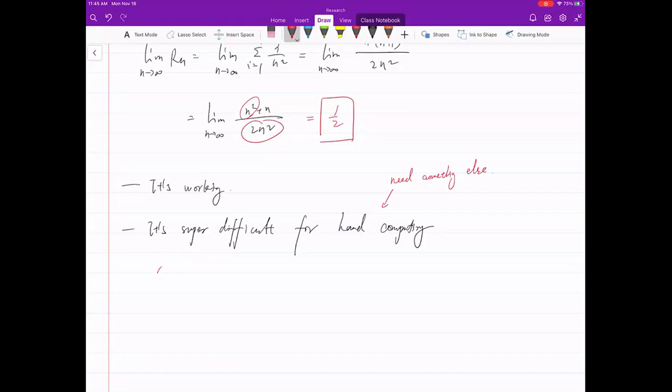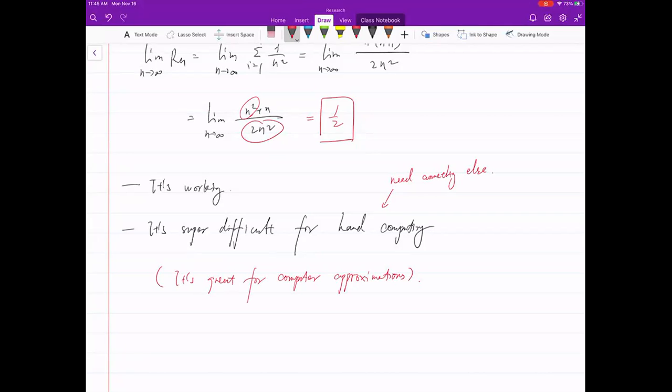Second, however, it's great for computers. Why? Because computers don't care about the limit. They just say, well, please do it for 1,000 rectangles. Okay, I'm going to do it for 1,000 rectangles. Sounds good? And from an application point of view, 1,000 rectangles for normal functions are actually pretty good.